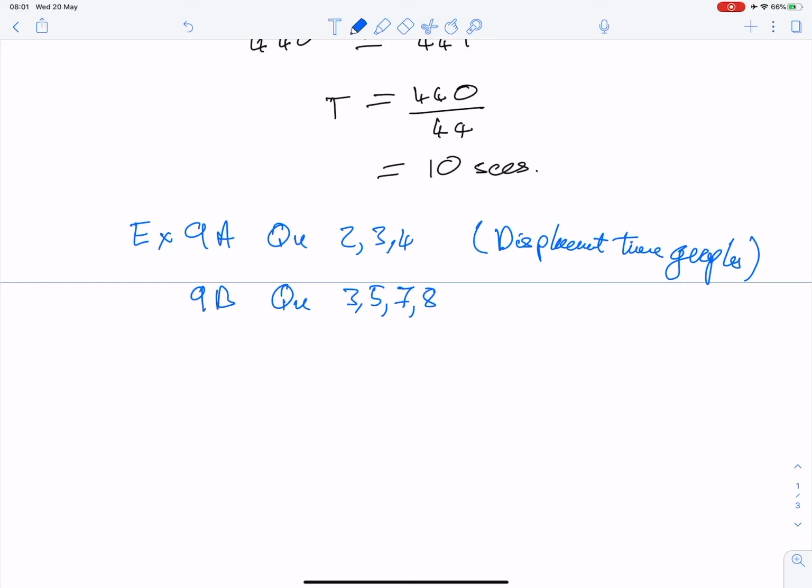You can always do more if you really want to, on velocity time graphs.